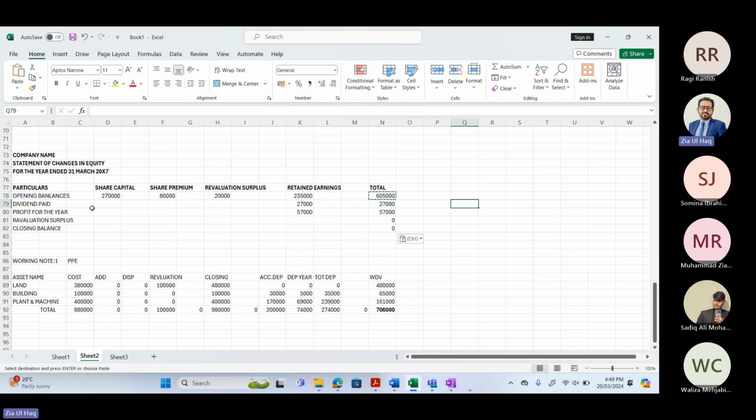Okay. Now share capital, there is no change. So what we need to do? Straightaway this will be 270,000. There is no change in share premium, so 80,000 will be there as well. In revaluation surplus, there is a revaluation surplus of 100,000.